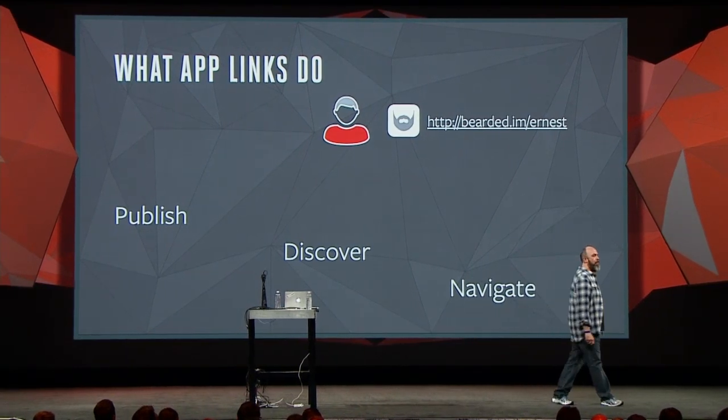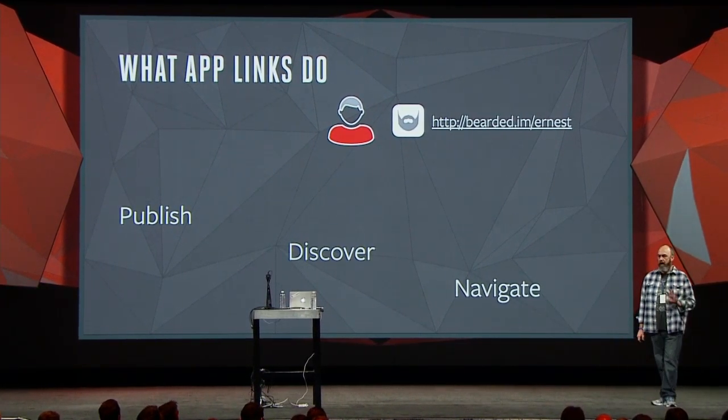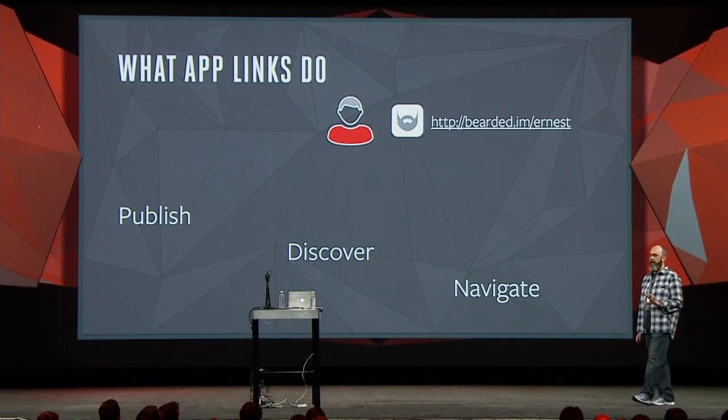When talking about app links, it's good to think in terms of three basic capabilities: publish, discover, and navigate. With publish, what that entails is an owner of content or an app having the ability to say, hey, look, I also have a native application on one or more platforms, and I'm going to publish the fact that this application can handle my content on a particular device.